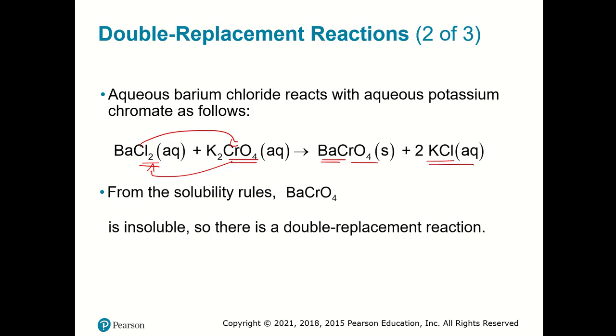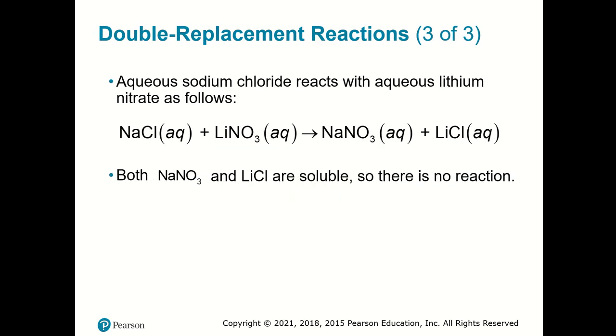So from the solubility rules, I can tell you that this is solid because chromate will be not soluble. And in aqueous solution, sodium chloride reacts with aqueous lithium nitrate. So they change place over here. And they have sodium nitrate and lithium chloride. And they are both soluble. So we have no reaction, no precipitate.